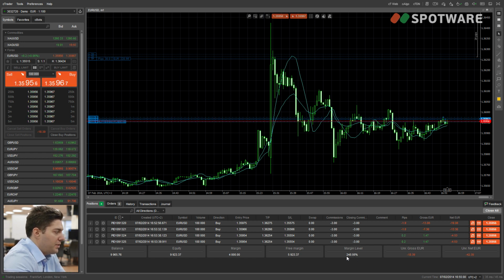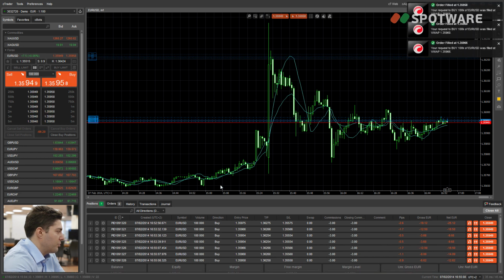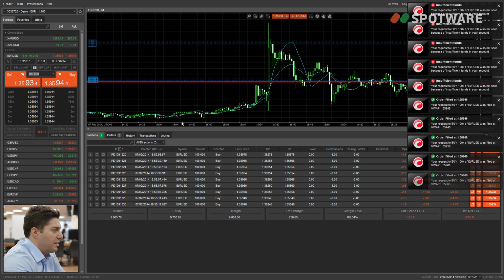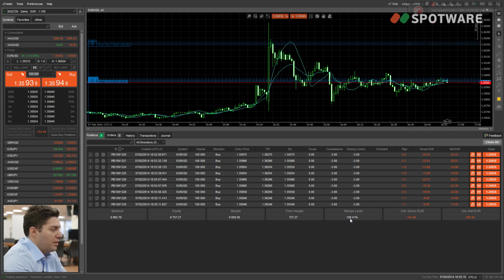Usually when this number reaches 100%, so your equity is equal to your used margin, if you keep on trading, for example, let's do more trades. At 100%, your broker is not going to let you open any more positions. Now, the stop out level and the margin call level are different for each broker, so you need to go to the broker specific website to check it out, but usually it's around 30%.